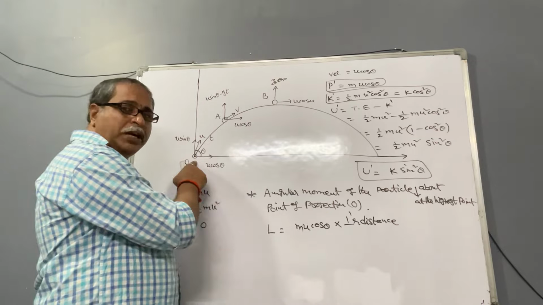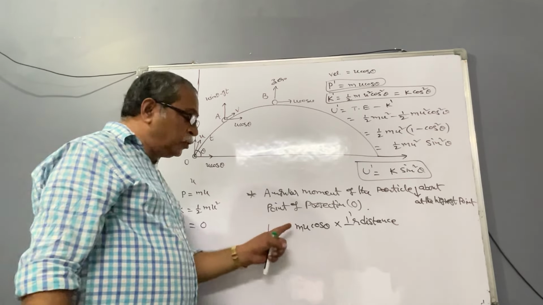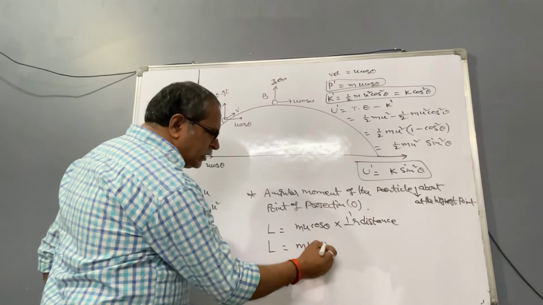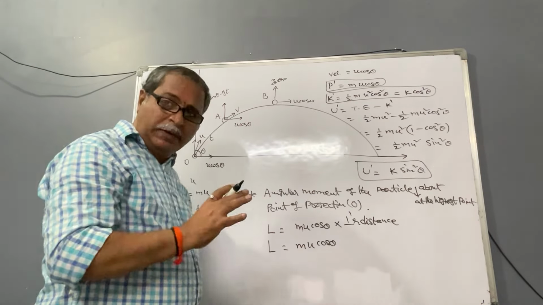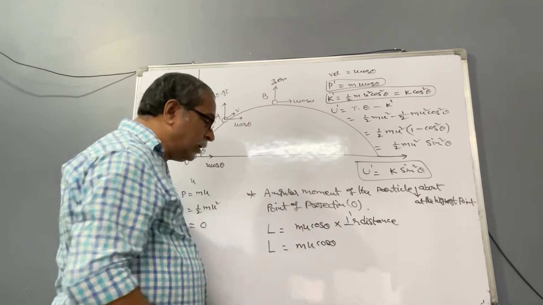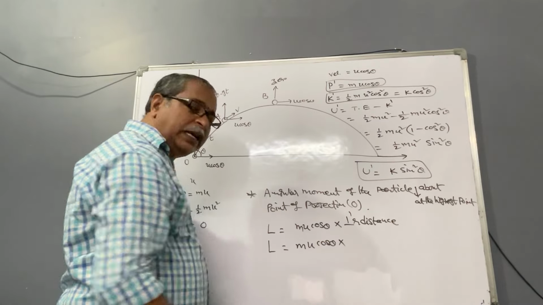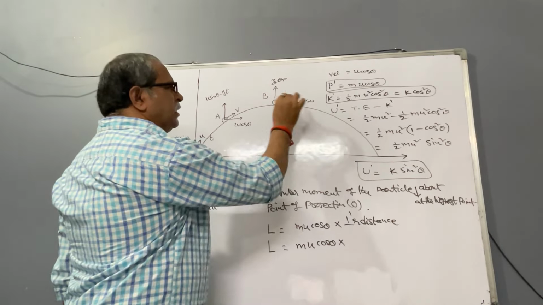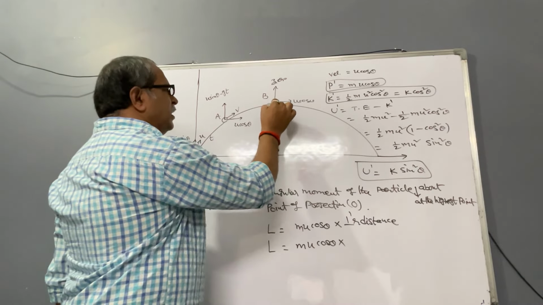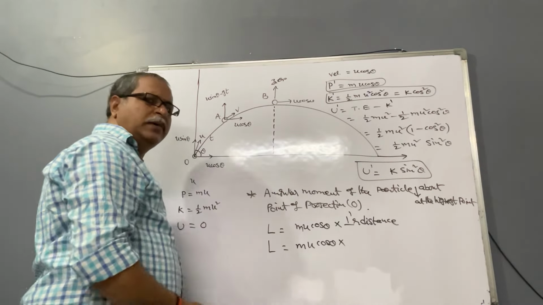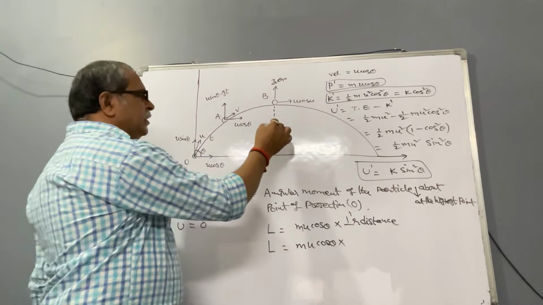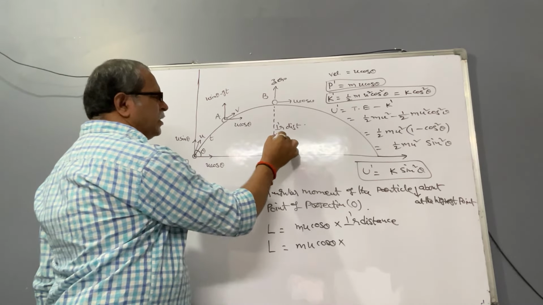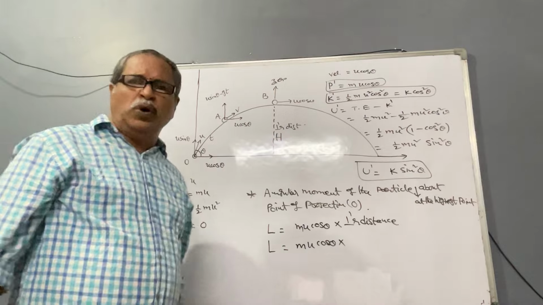So L equals m u cos theta vector, linear momentum vector, into perpendicular distance. For this momentum vector, this is the perpendicular distance. It is represented by h maximum.